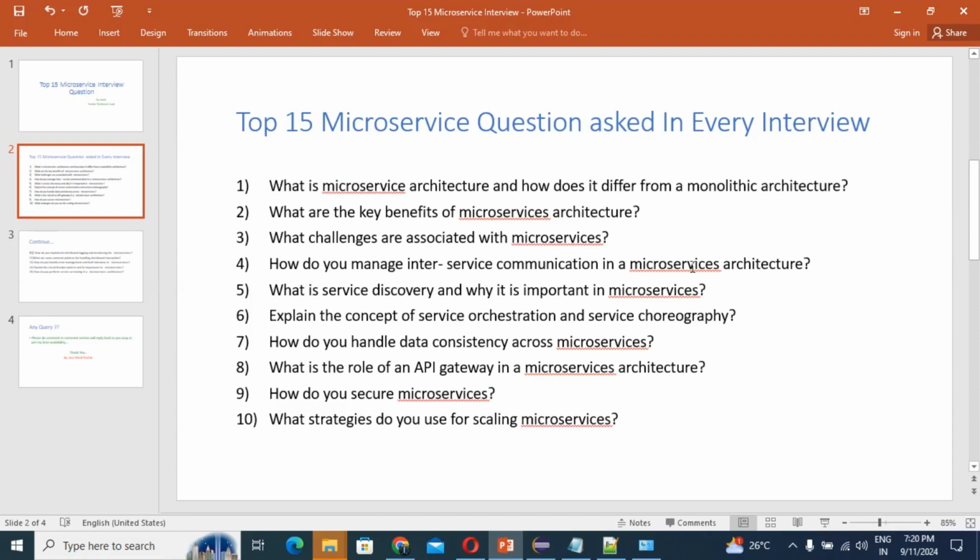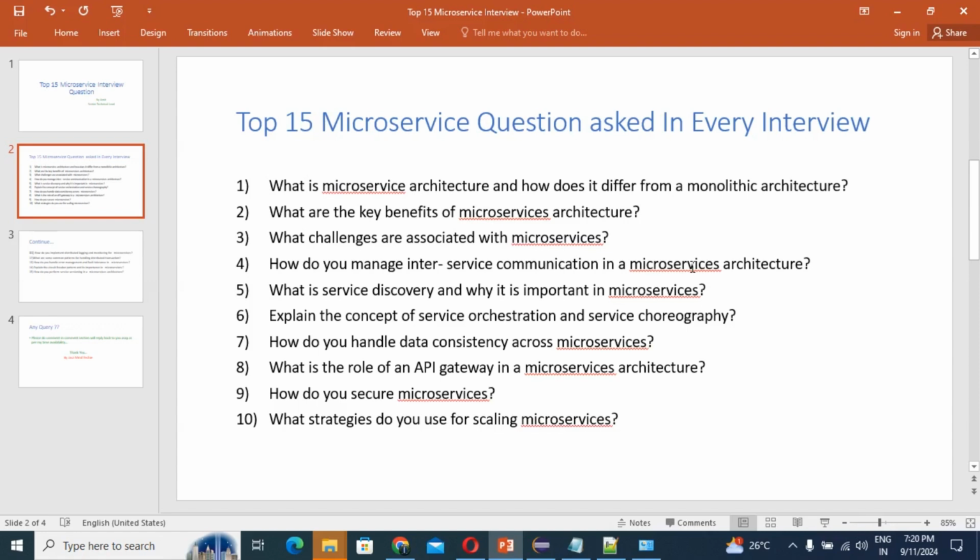It handles tasks such as routing. With the help of the API gateway, you can handle routing. Routing means directing requests to the appropriate microservices.